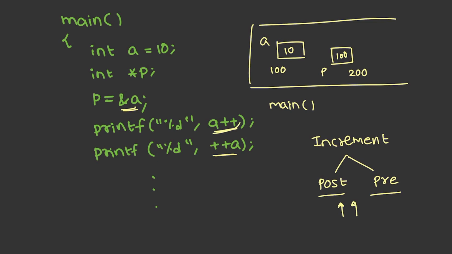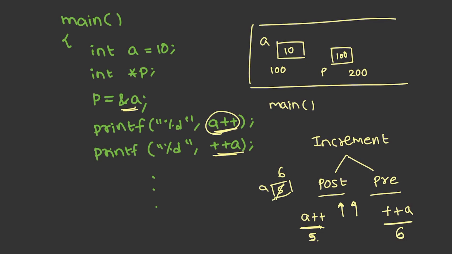But consider this is a post-increment operator and this is a pre-increment operator. Here, if the A value is initially 5, this actually increases the value to 6, but it substitutes the old value. The value will be modified but the old value will be substituted. Here the value will be modified and the new value will be substituted there and then.